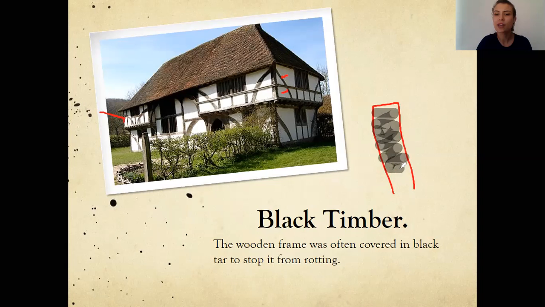Remember when Mrs. Stefani showed you last class two apples, one was really okay and the other one was rotting. They used this black timber to protect the wooden frame from rotting. So this is one more key feature.